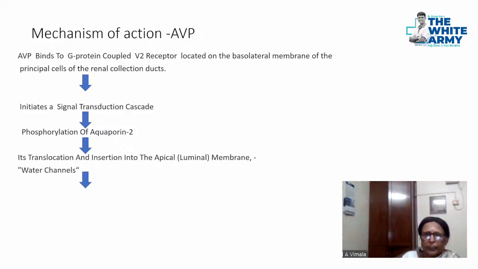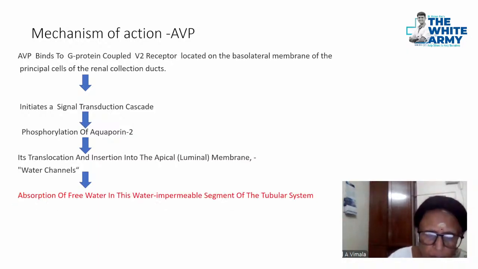AVP binds to the G protein V2 receptor. The site is the basolateral membrane, principal cells of the renal collecting duct. It phosphorylates aquaporin 2. Aquaporin 2 are the water channels that get translocated into the apical membrane and lead to reabsorption of water.